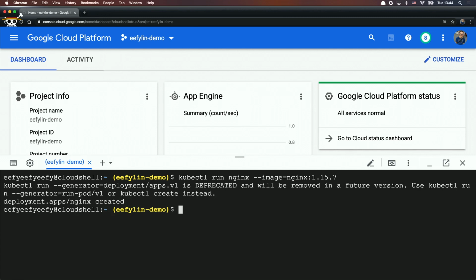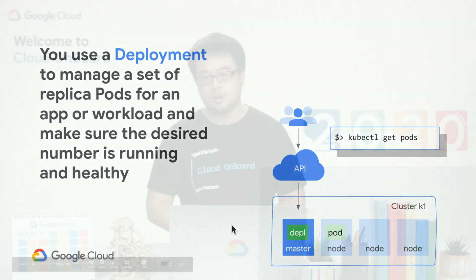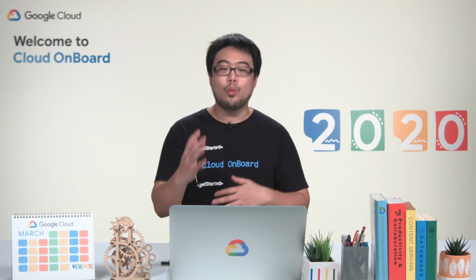All right, so now run it. Wow, that's fast. Once we run it, later on we're going to get the pods to see what our pods are doing. You use the deployment to manage a set of replica pods for an app or workload and make sure the desired number is running and healthy. Yes, it is.